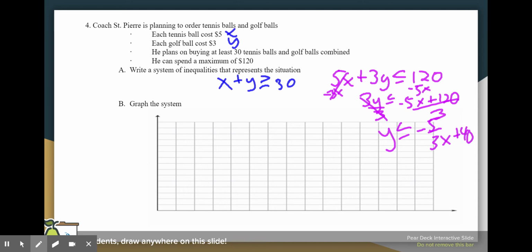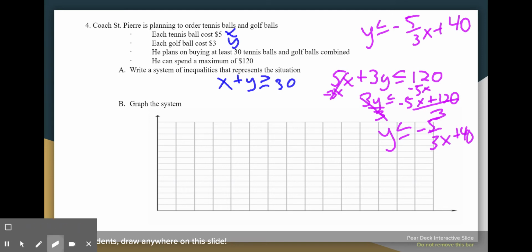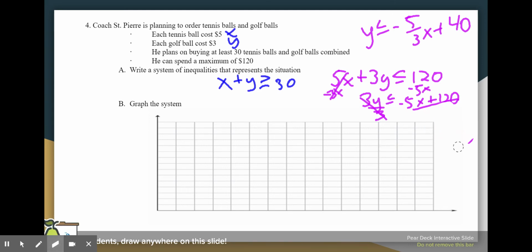I'm going to rewrite this up here so it's off of my graph. Then for the other equation, I just need to subtract X from both sides. So I get Y greater than or equal to negative X plus 30.